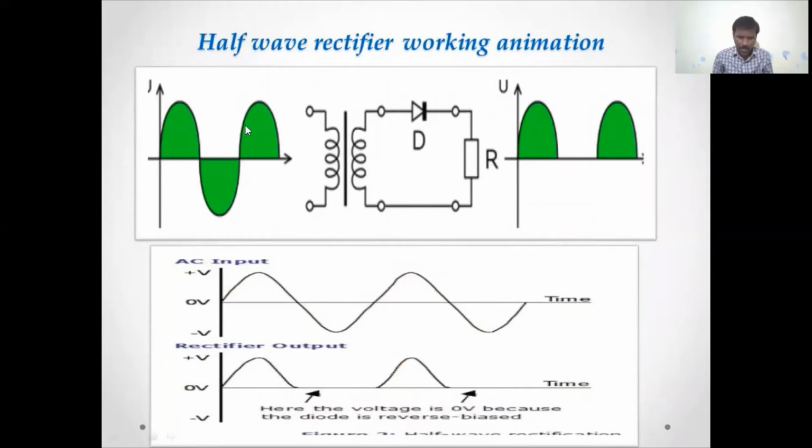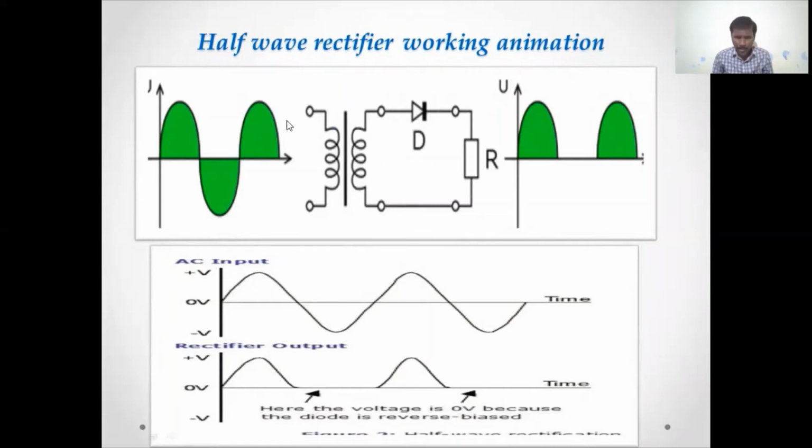When the positive half cycle enters the positive terminal of this diode, what happens? This indicates the p-type semiconductor, and this indicates the n-type semiconductor. The diode consists of two terminals, a p-type semiconductor and an n-type semiconductor.